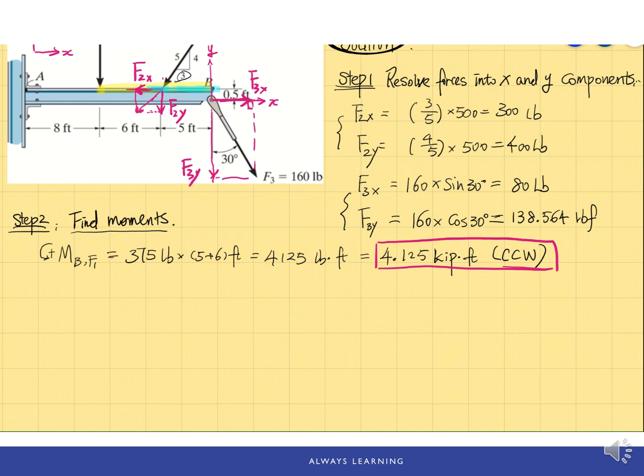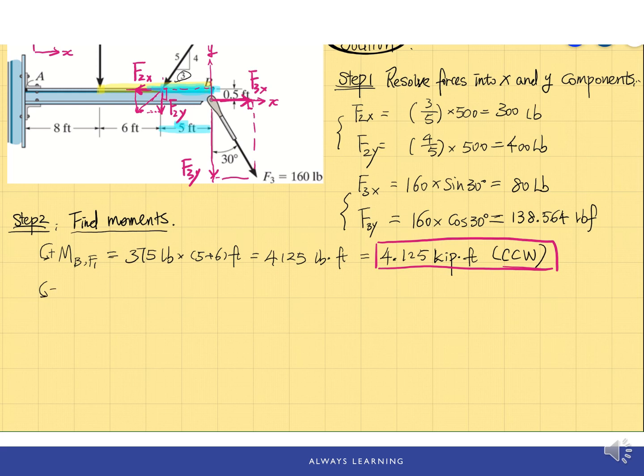We'll have the moment about point B, which is from F2y. And the moment arm for F2y is this 5 feet, from the point where we resolved the force F2 to point B. And this is the perpendicular distance from point B to the line of action of this force.